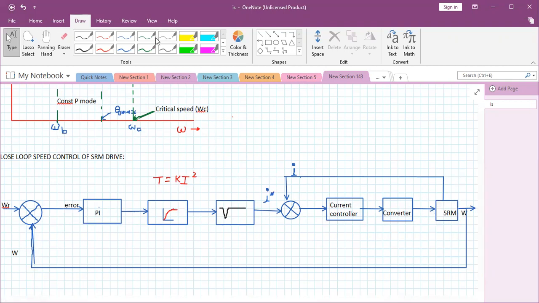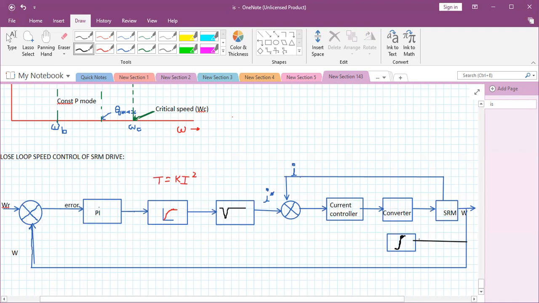Speed, so for this there is an integrator for speed, position control. And it is attached here.